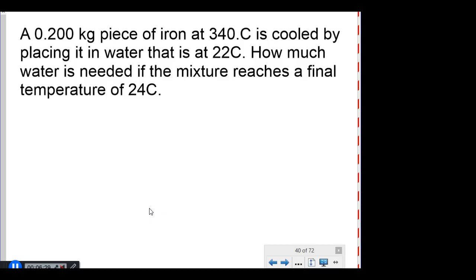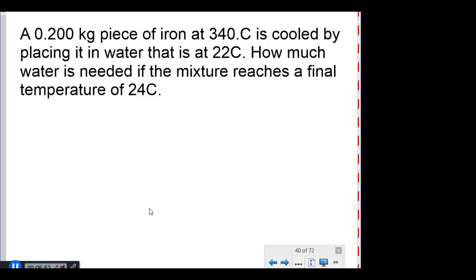What is this story about? Lots of words, lots of numbers. Try a picture.